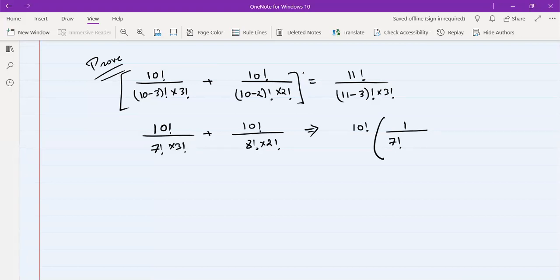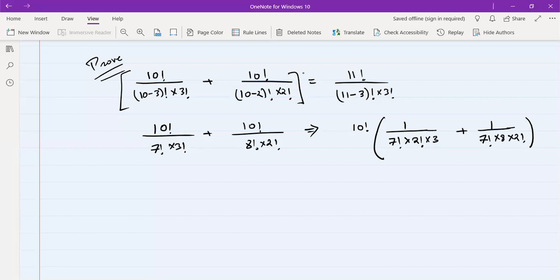And among 3 factorial and 2 factorial, which is bigger? 3 factorial. So obviously, the bigger factorial can be written in terms of the smaller factorial. Yes or no? So 8 factorial can be written as 7 factorial into 8.